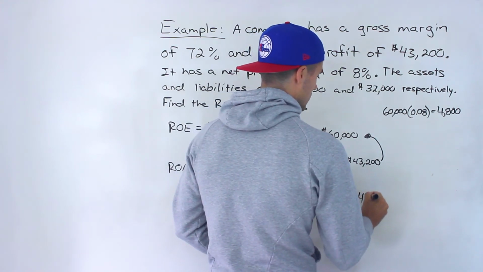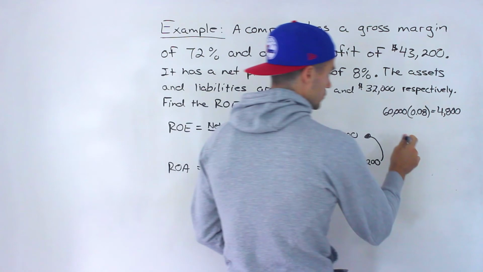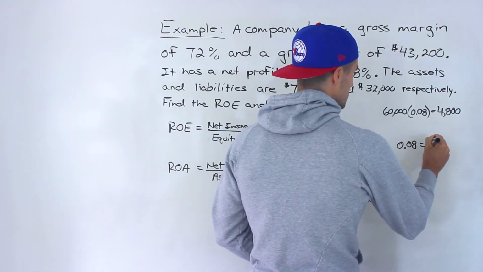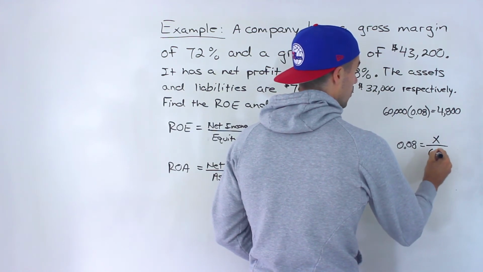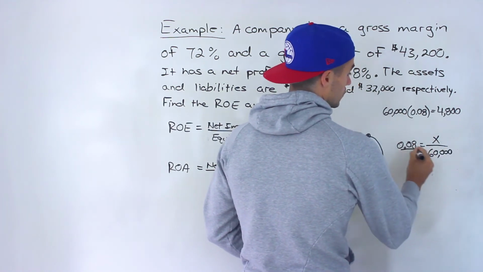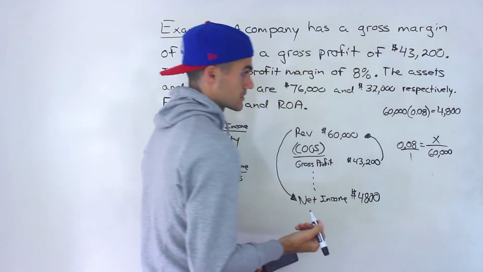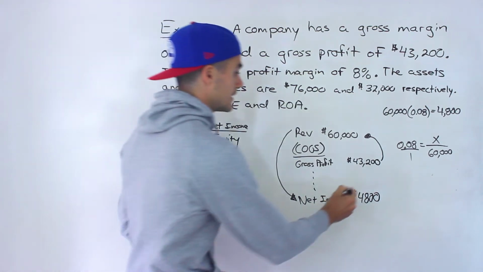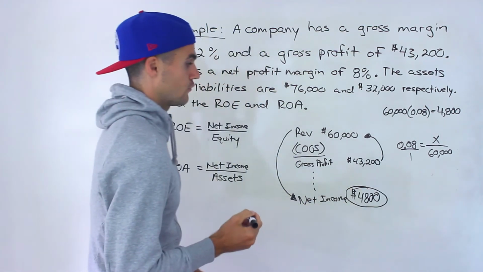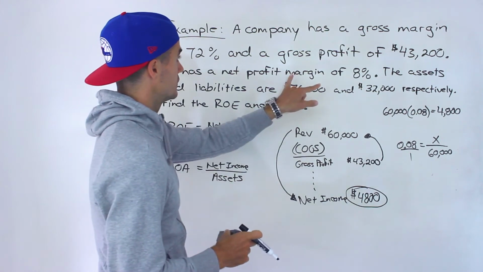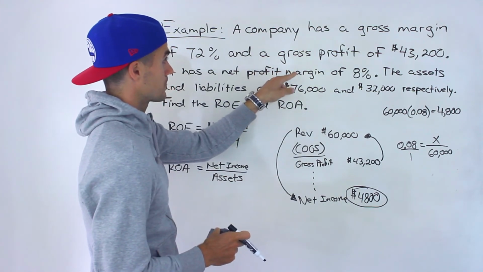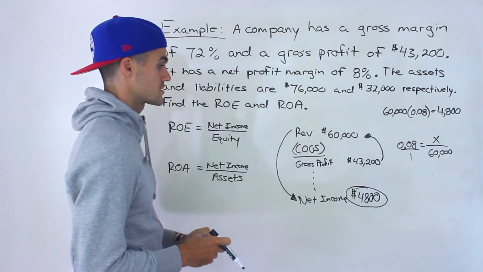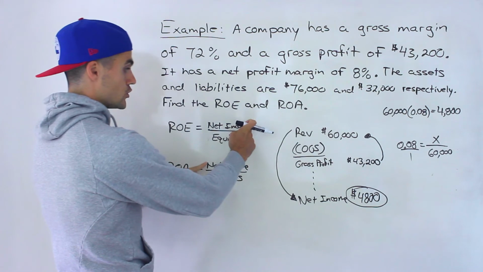Again, if you were to use the full formula, it'd be 0.08, the net profit margin, equals the net income, which is what we're solving for, over the revenue, and from here you can cross multiply. X would end up equaling 4,800. So whichever way you go about it, the net income is 4,800. And remember, when you're given these margins in percentages, you have to convert them to decimals when you use them in the formulas.